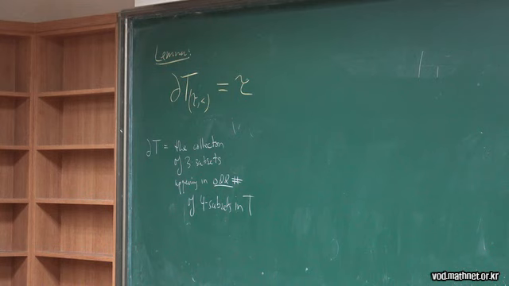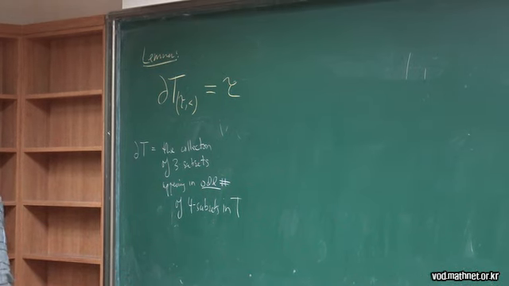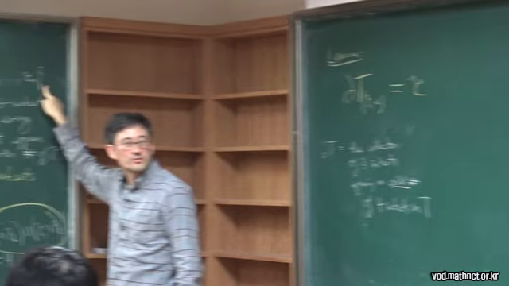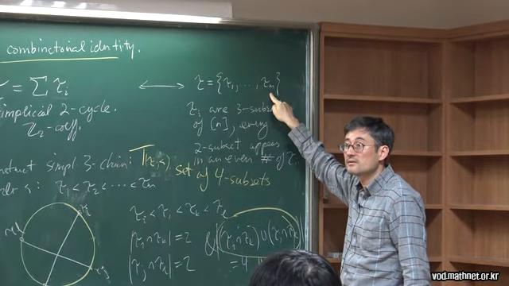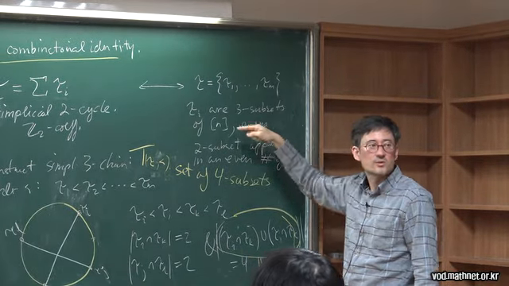And so here, the boundary of this guy would be the pairs appearing in an odd number of those tau, right? And there is no boundary. That's what makes it a cycle.